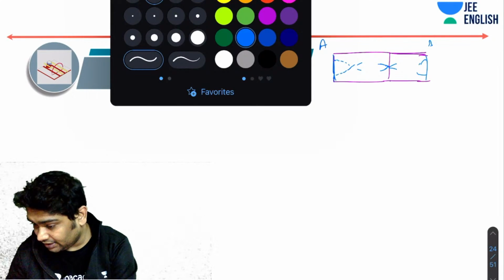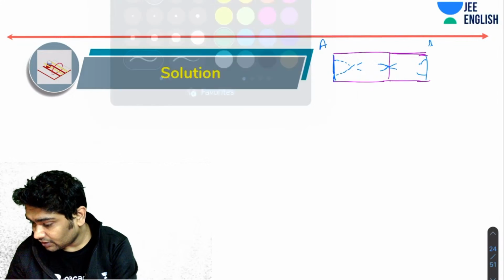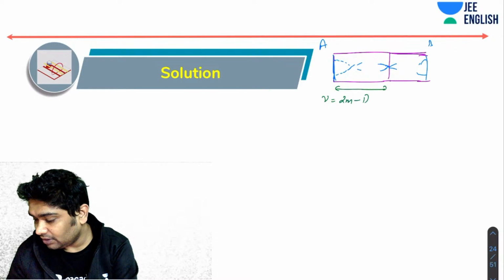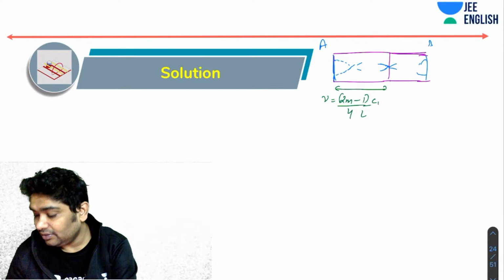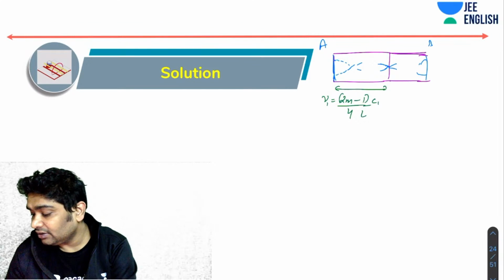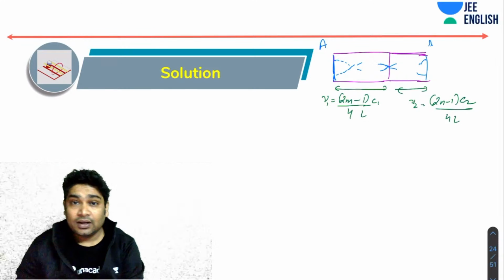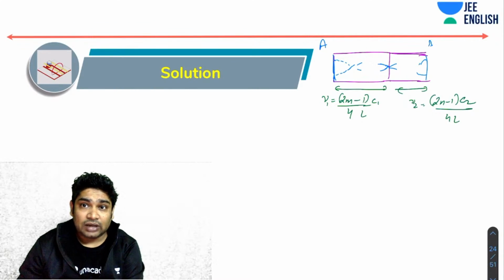So let's say the frequency here is some (2m minus 1) C1 by 4L, and here the frequency is (2n minus 1) C2 over 4L. Now L, I know for both, is half a meter.